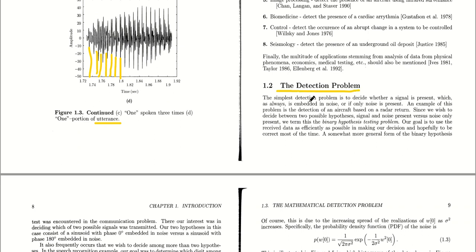The simplest detection problem is to detect whether the signal is present, which as always is embedded in noise, or if only noise is present. An example of this problem is the detection of an aircraft based on radar return. Since we wish to decide between two hypotheses, signal and noise versus noise only.